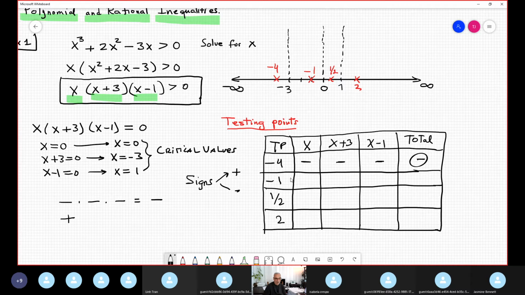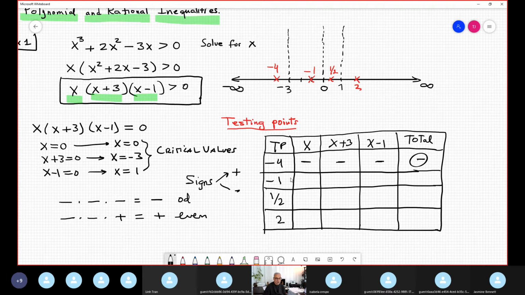It's easy because you have 3 factors. You have 2 negatives and 1 positive. The answer is positive. It's easy. When you have an even number of negatives, it's positive.